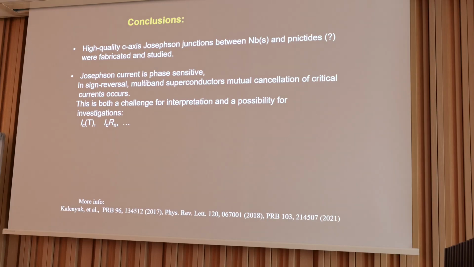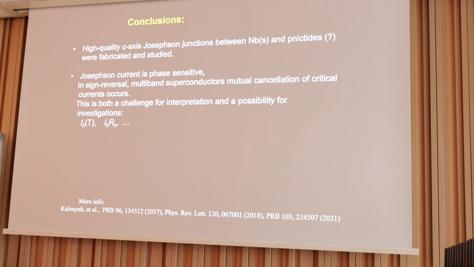So we managed to make high-quality c-axis Josephson junctions between niobium and pnictide. Josephson current is phase-sensitive, and in sign-reversal multiband superconductors, the main phenomenon is cancellation of currents between different bands with different sign.